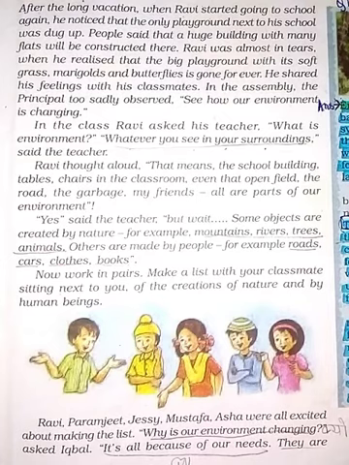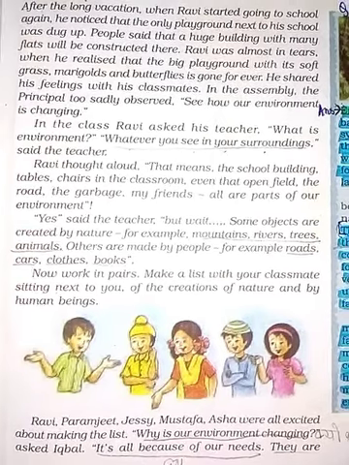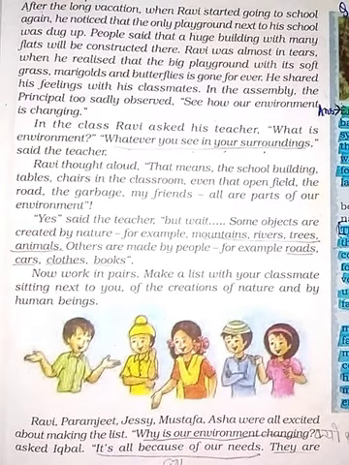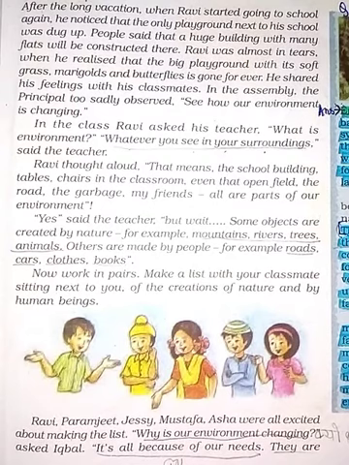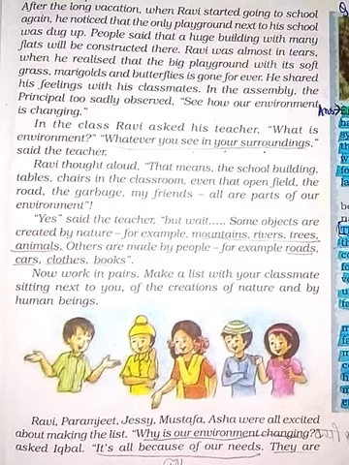Now work in pairs. Make a list with your classmate sitting next to you of the creations of the nature and by human beings." Ravi, Paramjeet, Jesse, Mustafa, Asha were all excited about making the list.